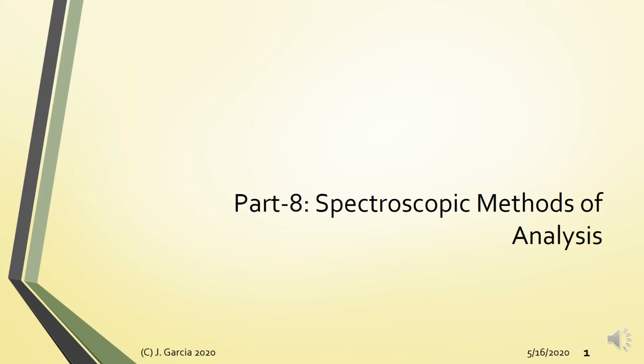Alright, so there's the UV-vis, UV visible region. You have your infrared region. Alright, microwave, radio wave, X-rays. So those are the various regions of the electromagnetic spectra. And hence, we have techniques like UV-vis spectroscopy or infrared spectroscopy.